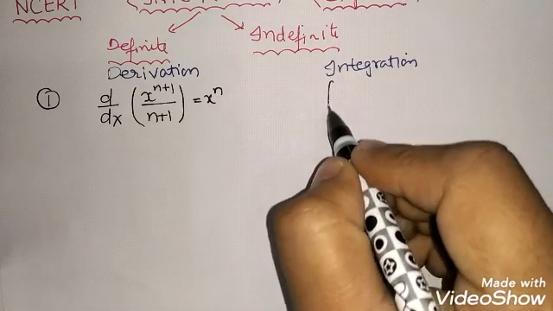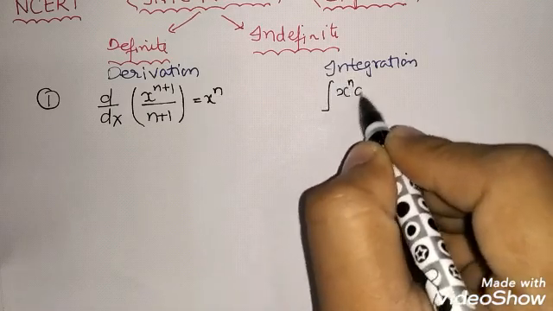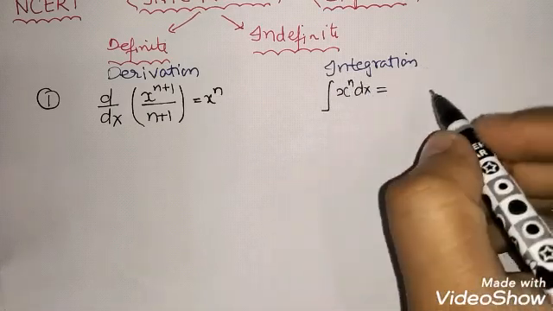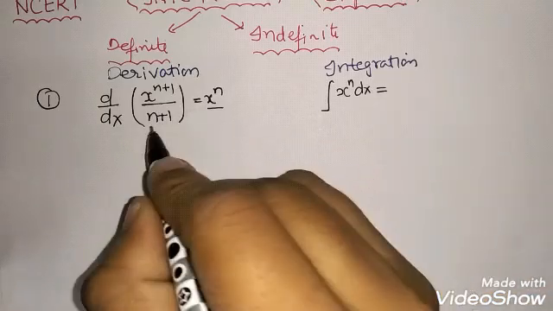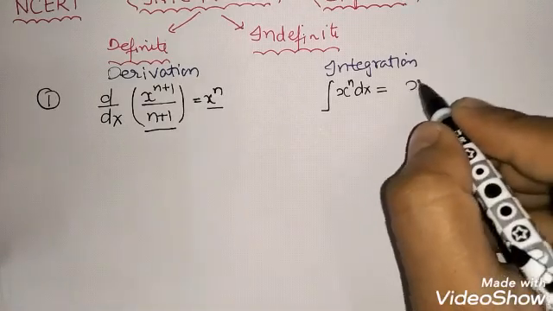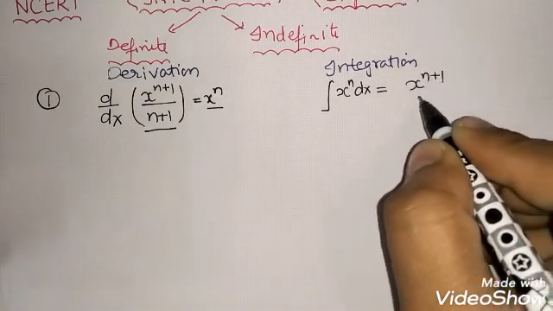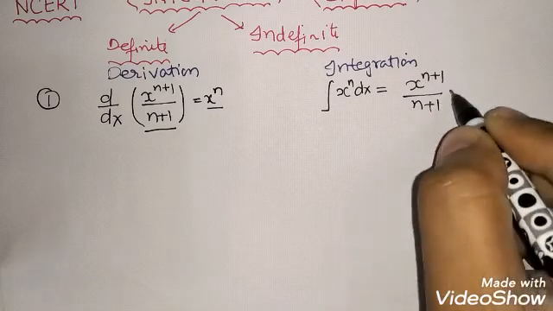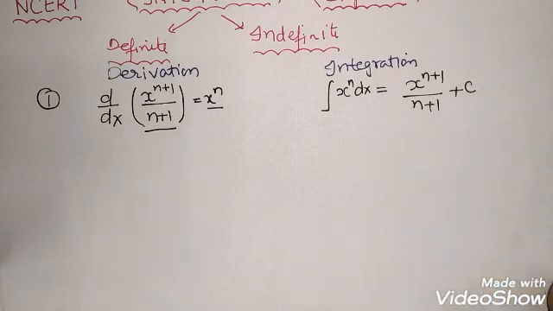So integration of x to the power n dx is equal to this. Simply we can say x to the power n plus 1 upon n plus 1 plus c, where c is called the constant of integration.